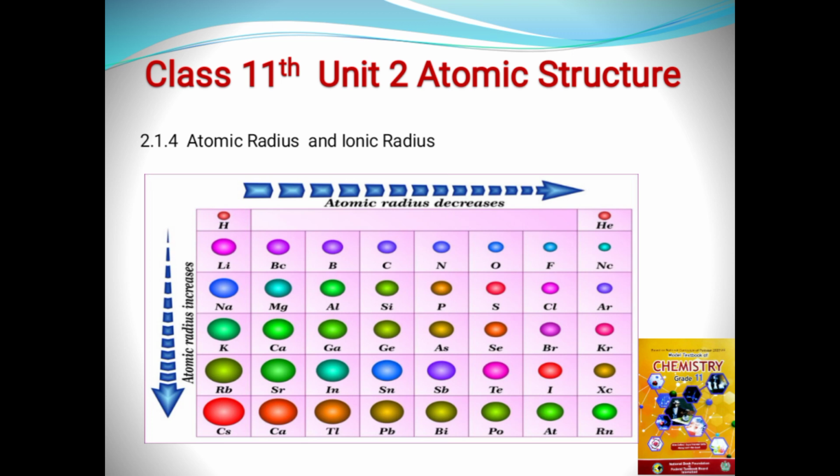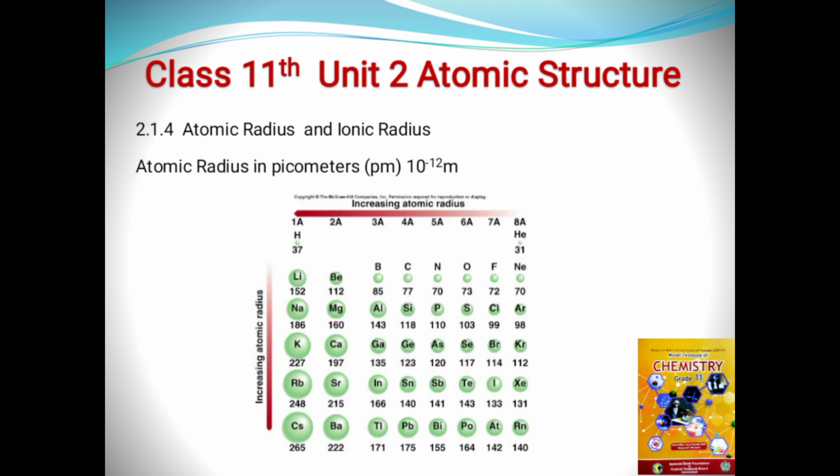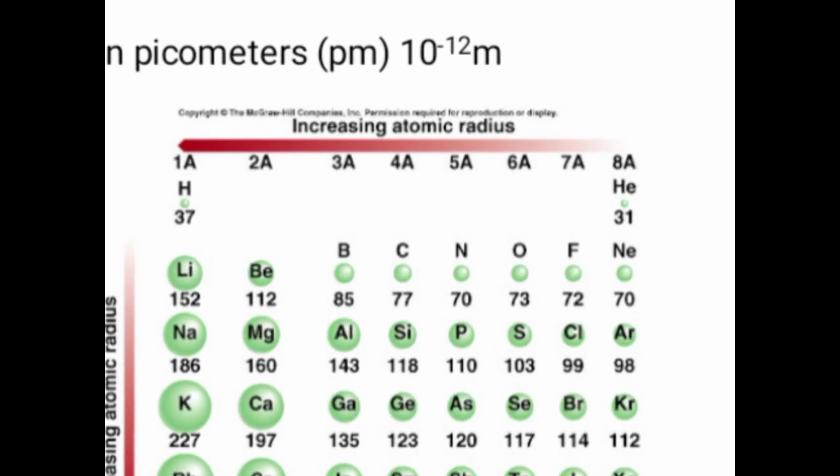Similarly, when we move from top to bottom in a group like hydrogen, lithium, sodium, potassium, rubidium, and cesium on the left hand side, you can see that the atomic radii increase. This is the atomic radius in picometers.